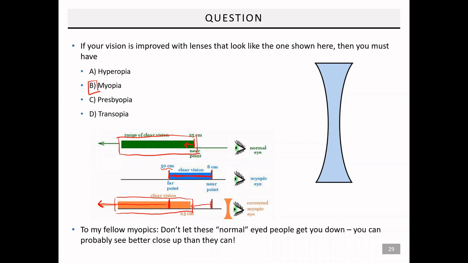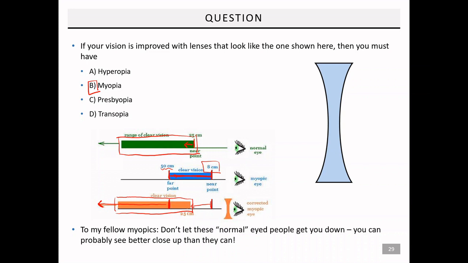And one thing to note here: if you are myopic, maybe you can't see things that are far away clearly, but your near point is typically closer than that of a normal eye. So you can usually see things closer to you better than quote-unquote normal people can. Also, if you are myopic, you may have noticed that if you try to read something very close to your face while you're wearing glasses, it might make you uncomfortable and you might have to remove your glasses to read it clearly.